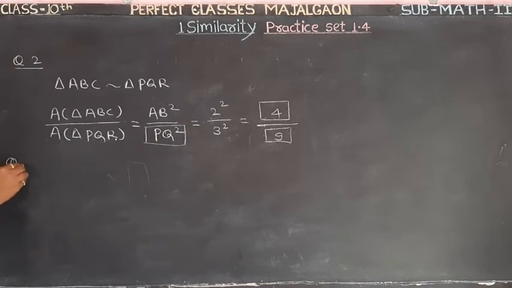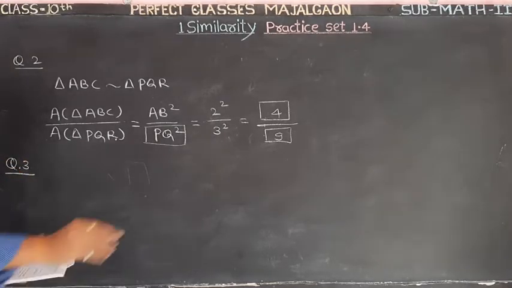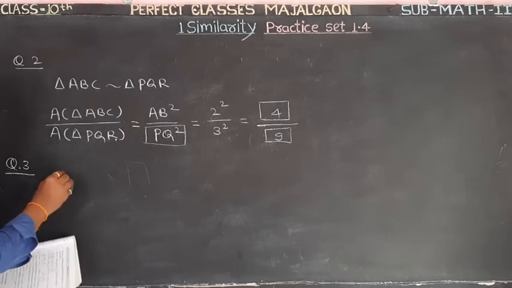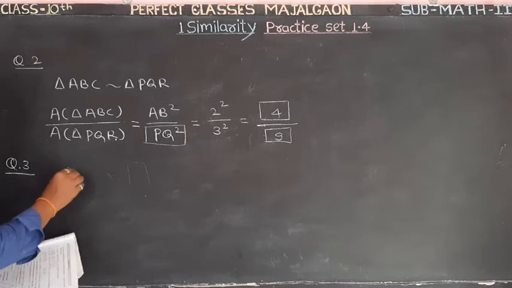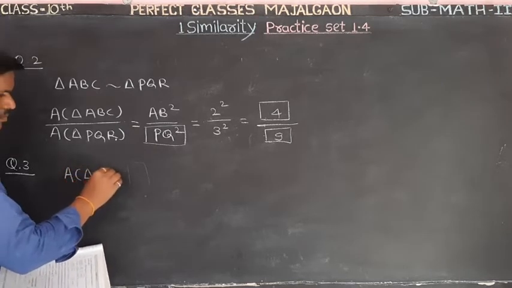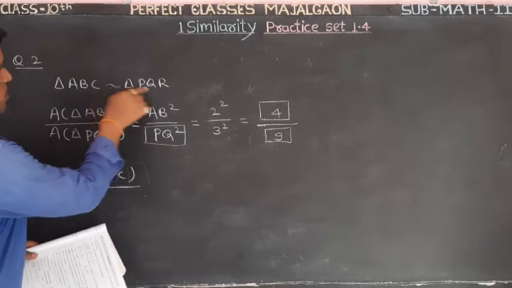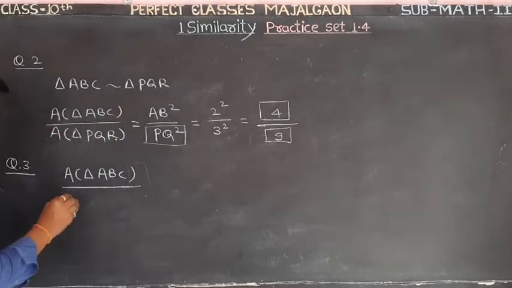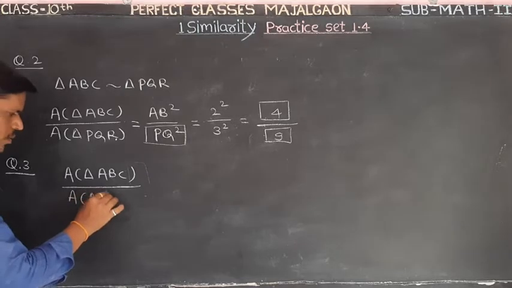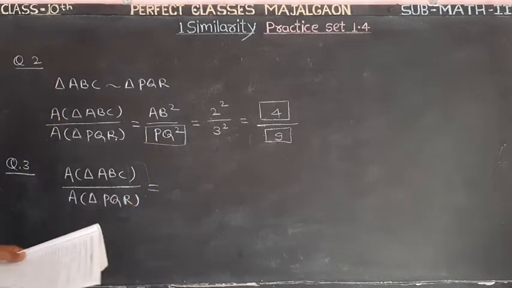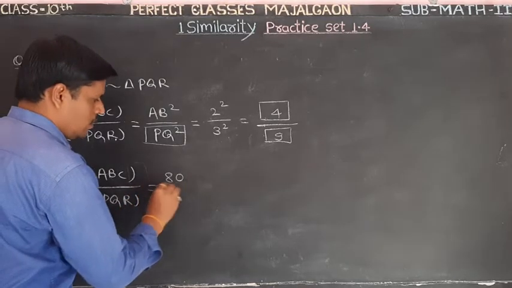Now we see the third question. Two similar triangles are given. Area of triangle ABC upon area of triangle PQR is equal to 80 upon 125.